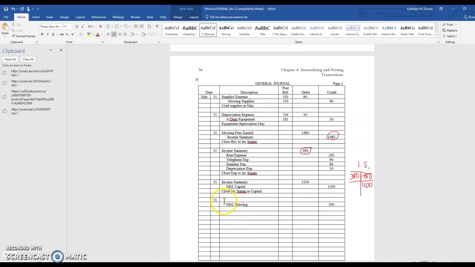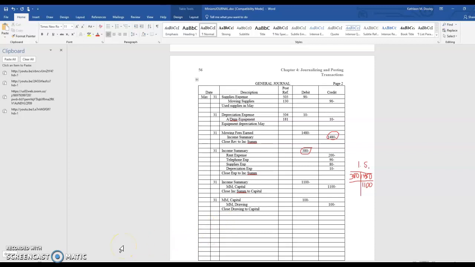We know our debits have to equal our credits, so what are we going to debit? That's going to be the capital account. We're moving that drawing amount into the capital. So that's the 100. And our explanation, close drawing to capital.